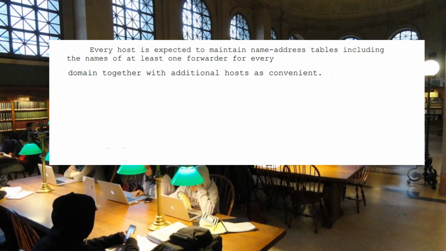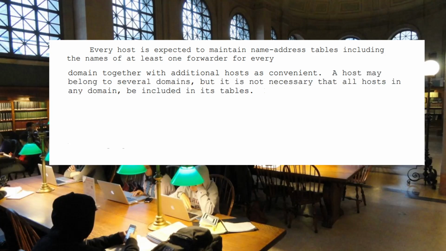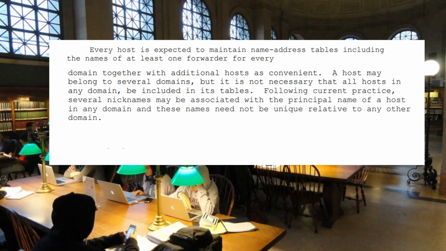Every host is expected to maintain name address tables, which include the names of at least one forwarder for every domain, together with additional hosts as convenient. A host may belong to several domains, but it is not necessary that all hosts in any domain be included in its tables. Following current practice, several nicknames may be associated with the principal name of a host in any domain, and these names need not be unique relative to any other domain.